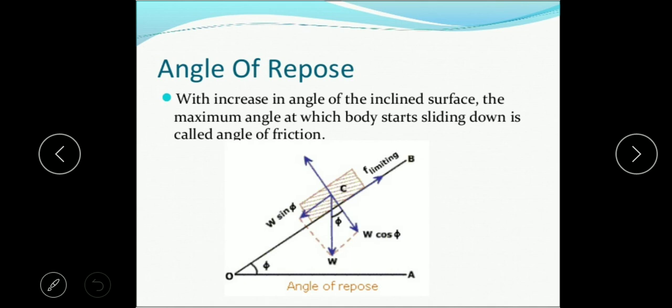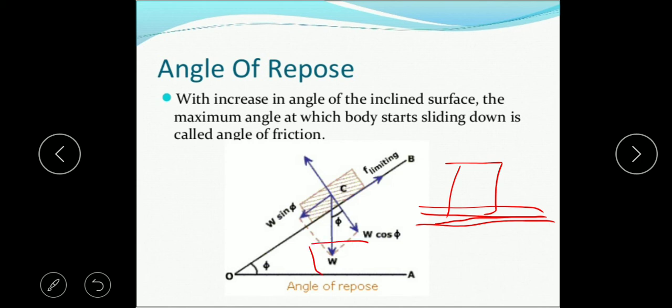Now consider one body which is placed on a surface, and if we try to incline that surface by a certain angle, then at a specific value the body will try to slide on that surface.